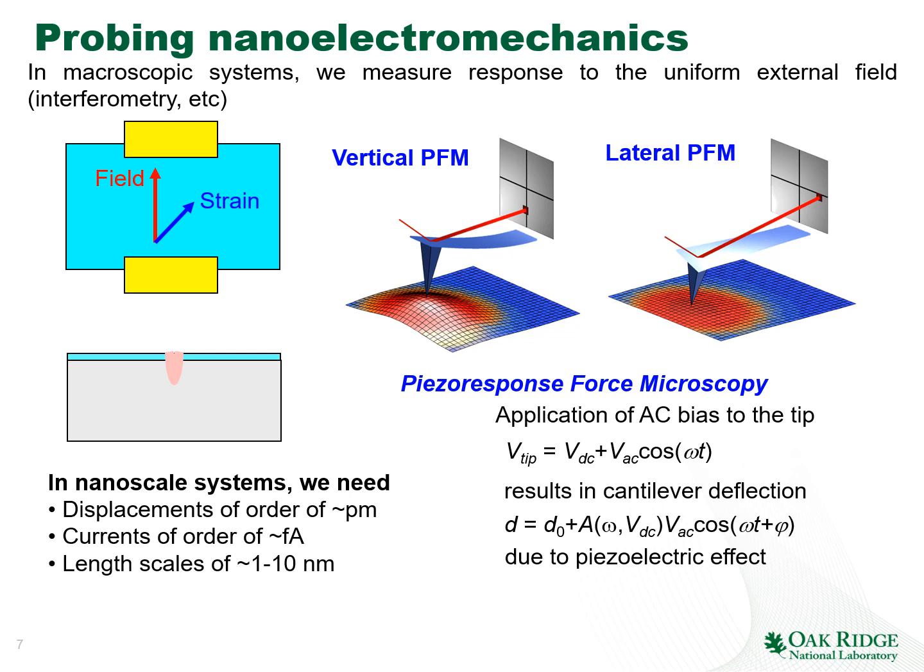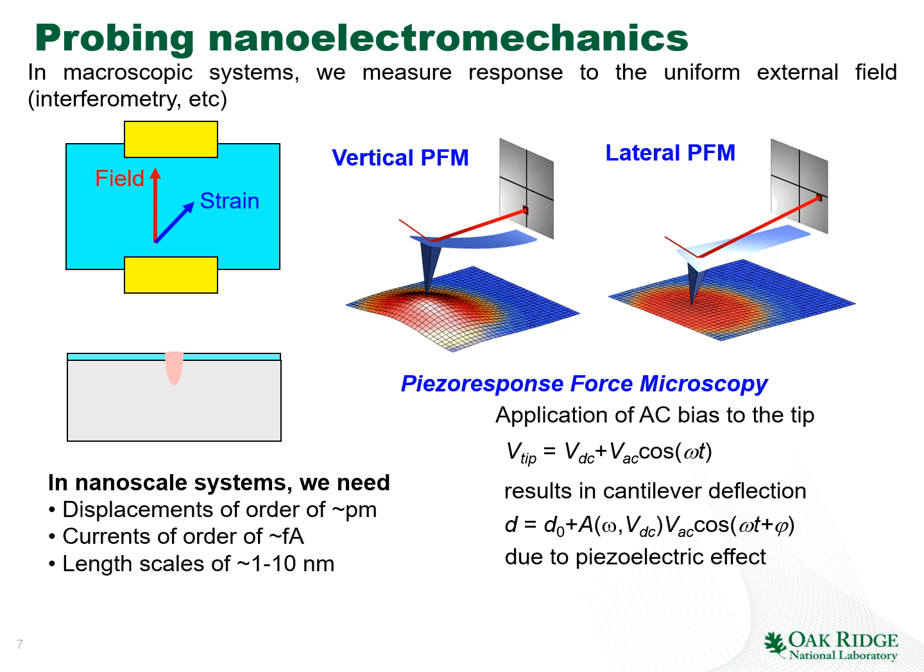Here, the situation is very fortuitous from the physical viewpoint because virtually all materials have a higher dielectric constant than the air, which means that the electric bias would be concentrated inside the material. Therefore, it will also be concentrated on the length scale of the contact radius between the tip and the surface, and that's exactly 1 to 10 nanometers.